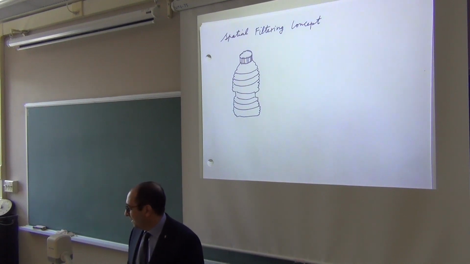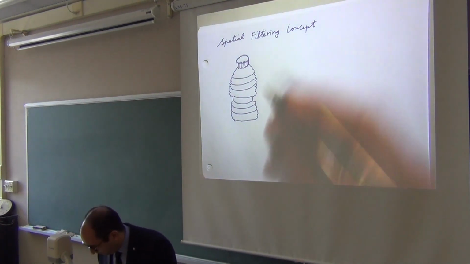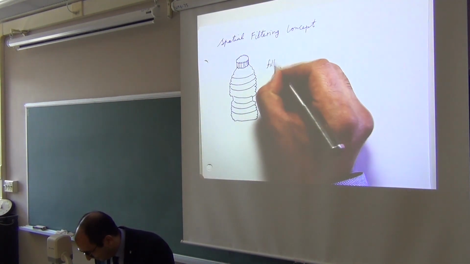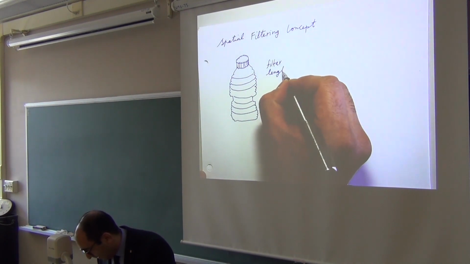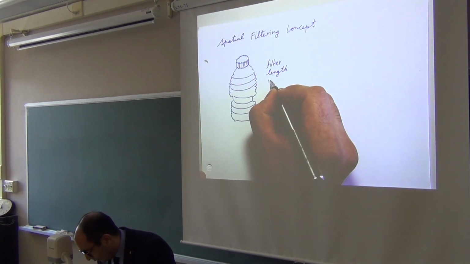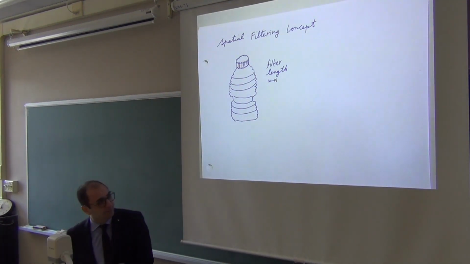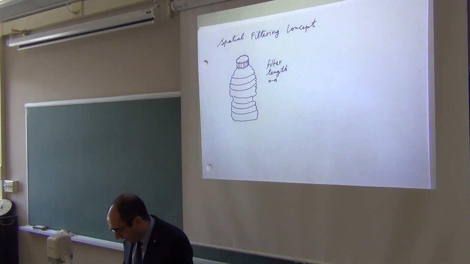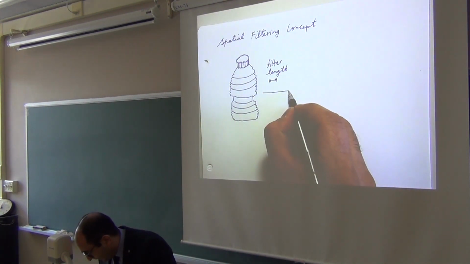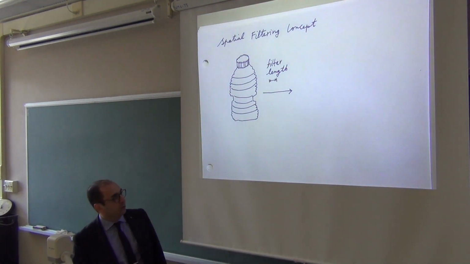If I spatially filter this water bottle with a very short filter length, of this much, that I show by this arrow, do you agree with me that the water bottle should appear more simple?